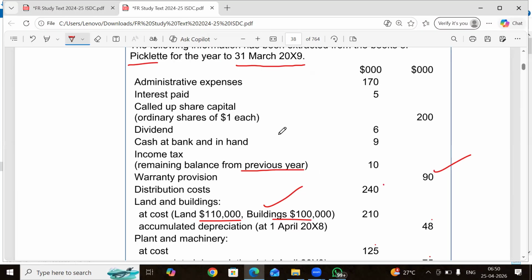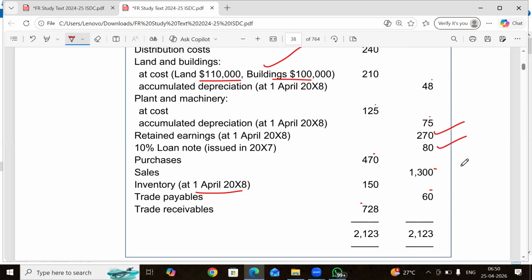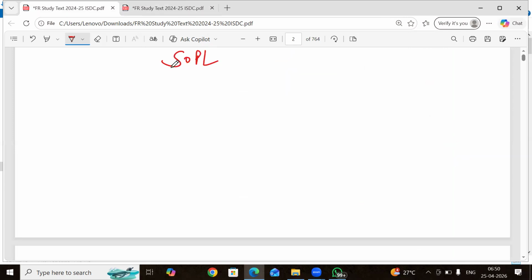First, we'll start with revenue. Sales, less cost of goods sold.